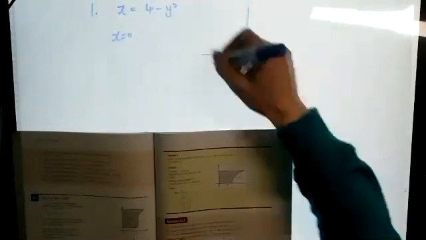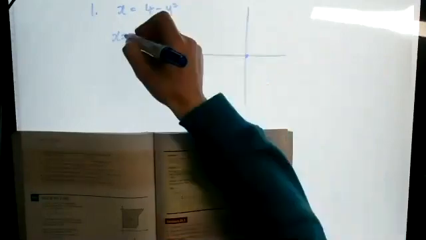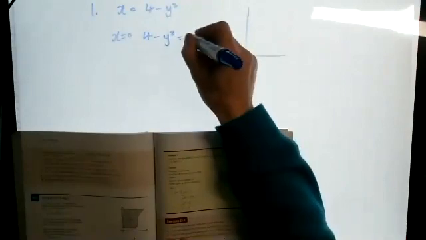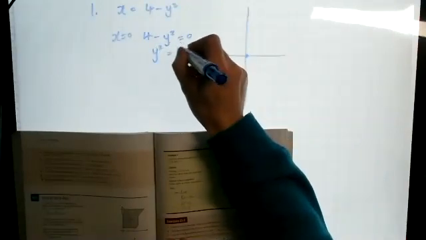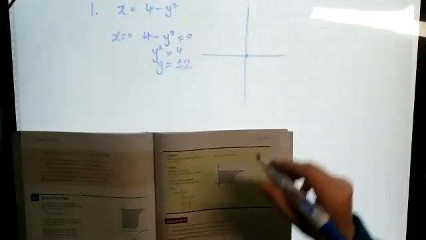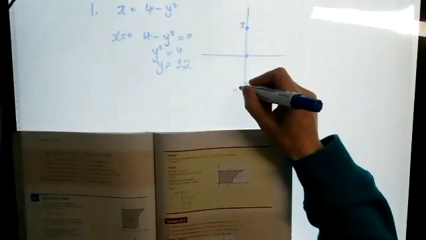So the curve crosses the y-axis when x equals 0. So 0 equals 4 minus y squared, y squared equals 4, so y equals plus or minus 2. So the curve crosses at 2 and minus 2.